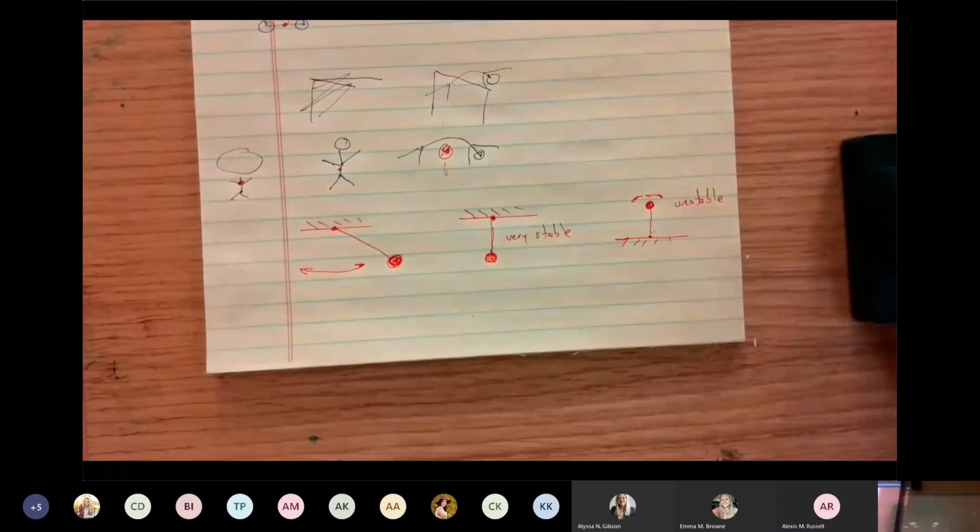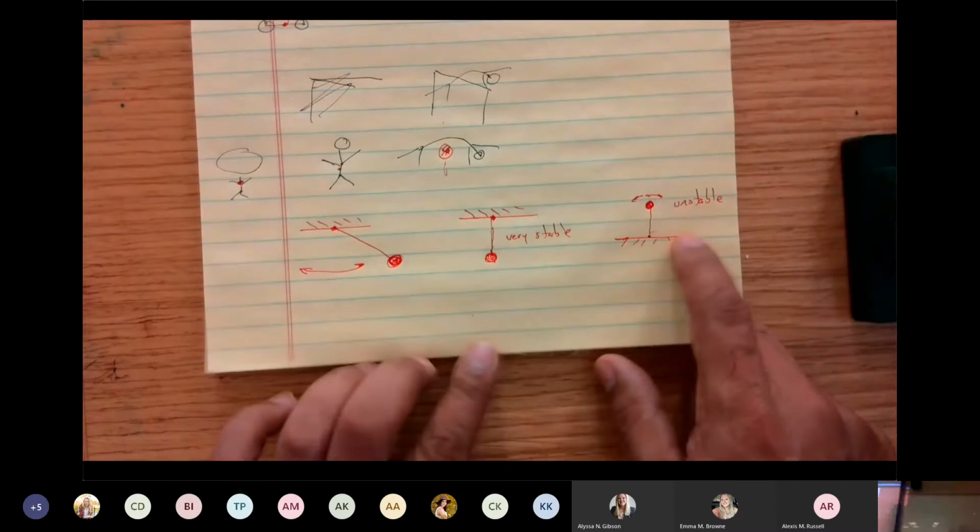Now, think about how we humans walk, or how we stand. While we're standing up or while we are walking, our pivot points are our feet, and our center of gravity is above that pivot point. So naturally, we have an unstable position.